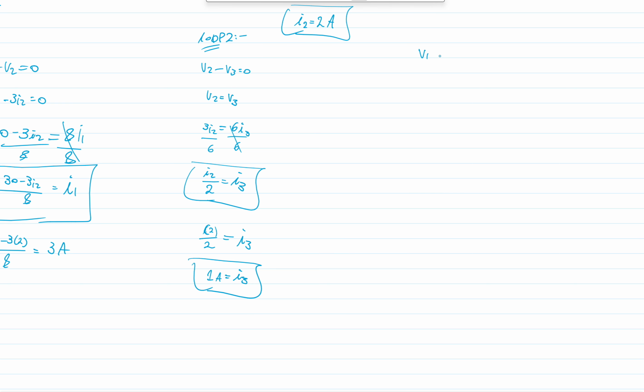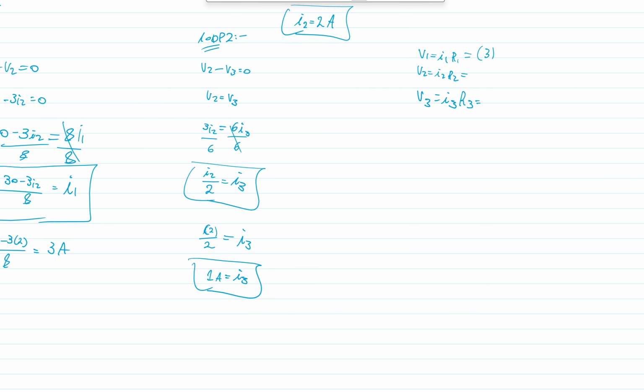So V1, V2, V3: V1 is equal to I1 R1, V2 is I2 R2, V3 is I3 R3.